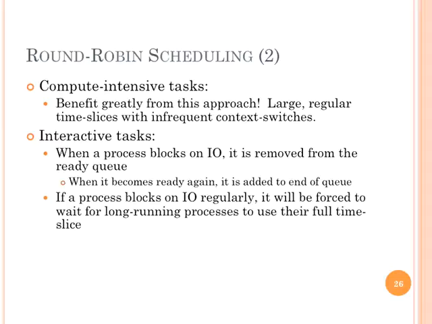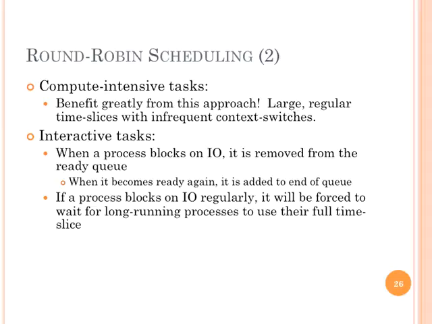Interactive tasks hate this scheduling approach. Because basically it is going to be forfeiting most of the time that it has on the processor, always, because it's always going to be blocking. And furthermore, if there are compute-intensive tasks on the system, well, when that resource becomes available, it's going to have to wait many processes' worth of this time slice size to actually handle the I/O.